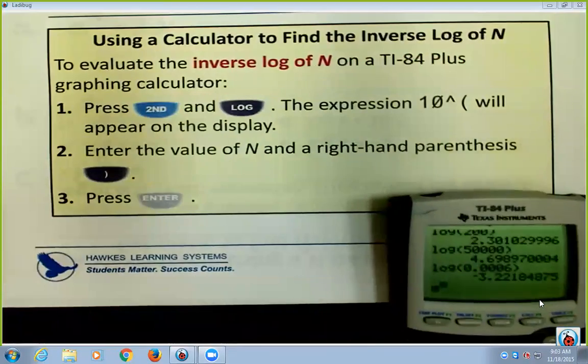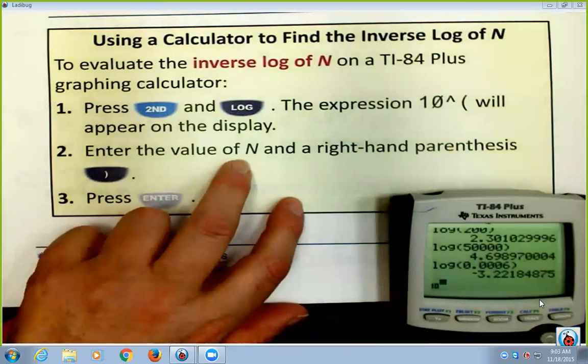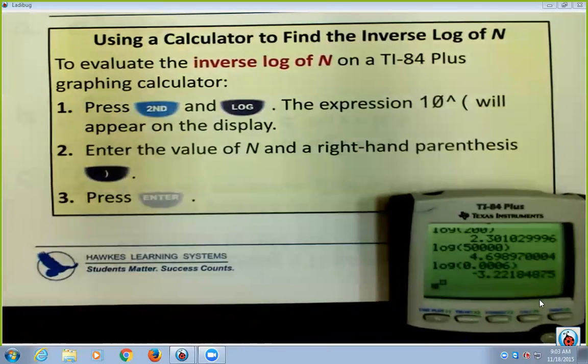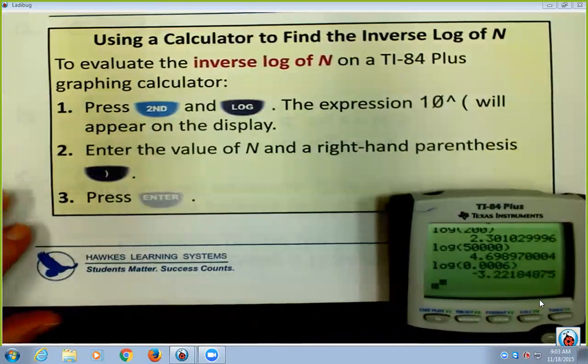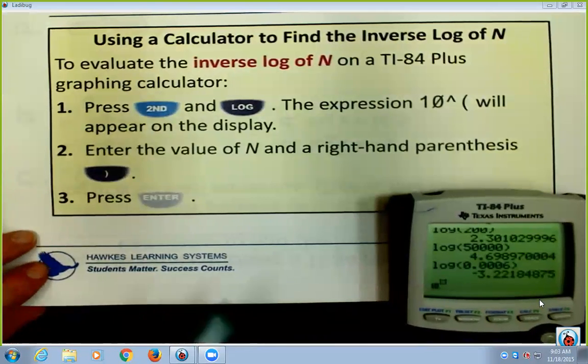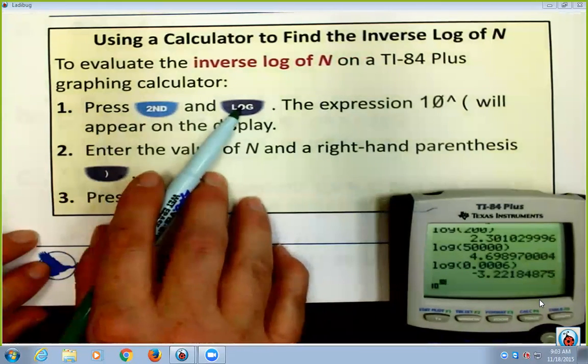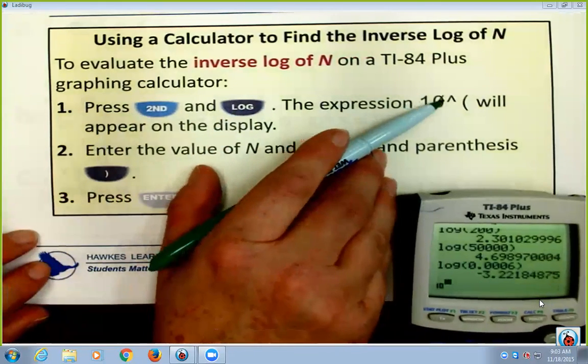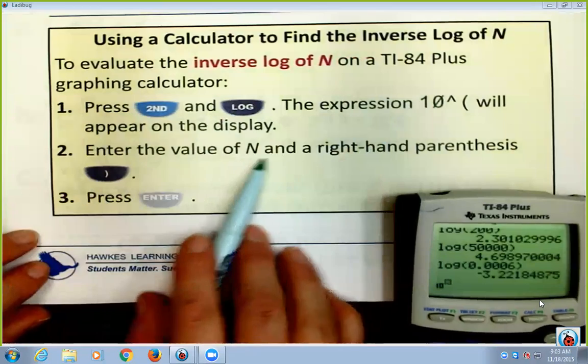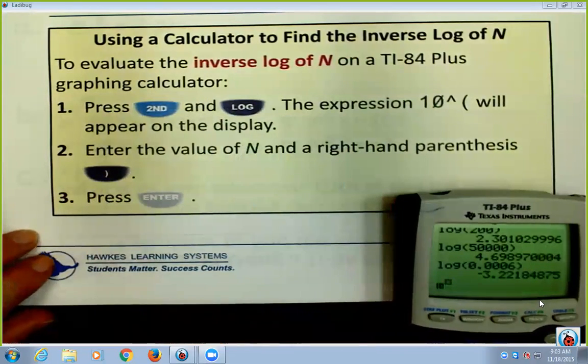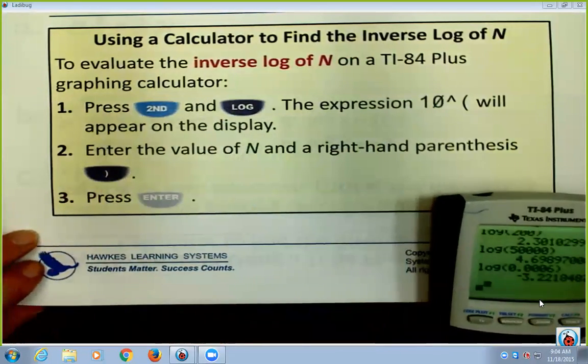And so then enter the value of n, close it with a parenthesis, and hit enter. So it's not really a whole lot different than other things that we've been looking at. So the function again, second log, which is going to give you 10 to some power. Then you're going to put in what n is, and then you're going to press enter when you work those out.